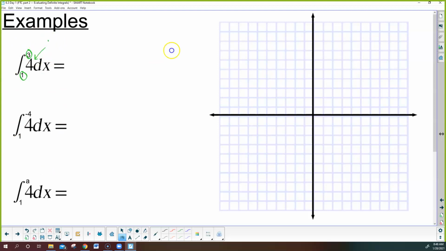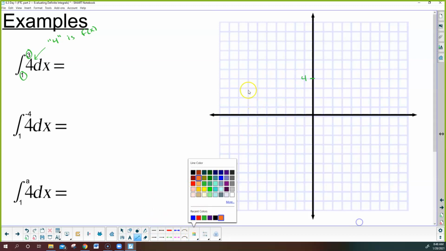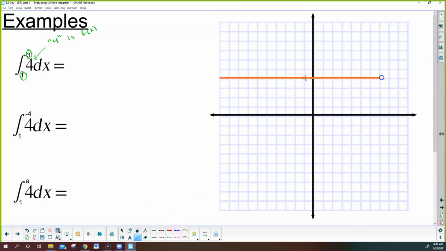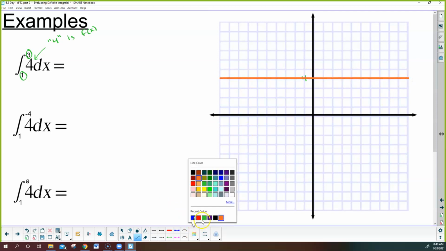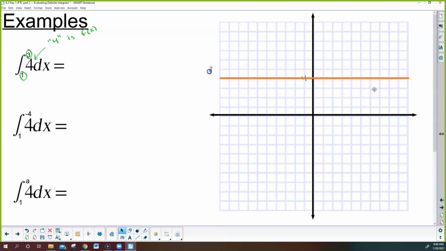The question is what is the function here? So notice 4 is the function f of x. It's just a straight line. 1, 2, 3, 4. So we could do this graphically, right? I want to find the area underneath the curve, and here's the function f of x.